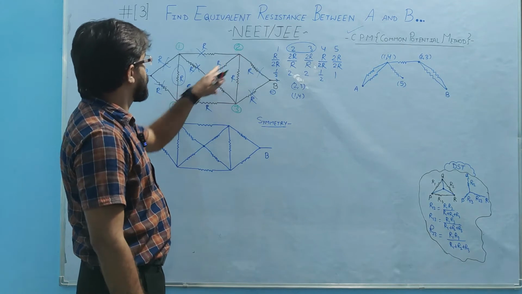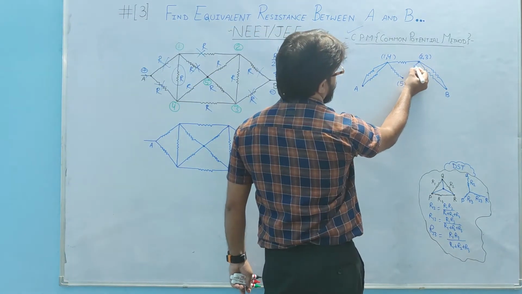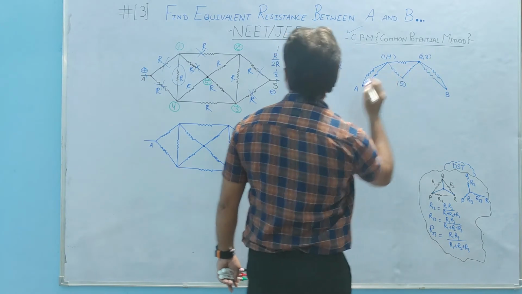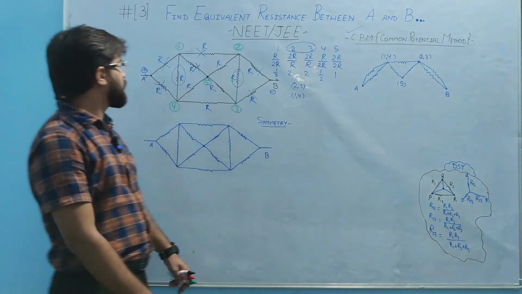Now 2 to 5, 2 to 3. 2 to 3 we cannot connect, same point, so this branch would be negligible.